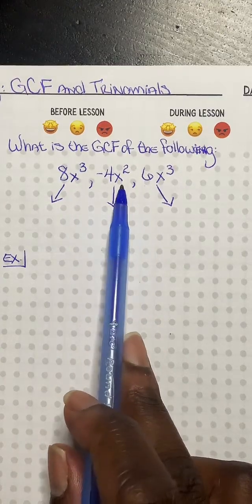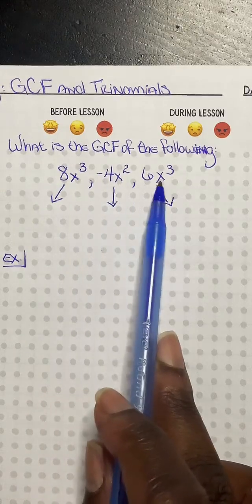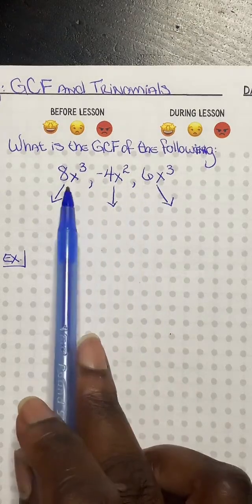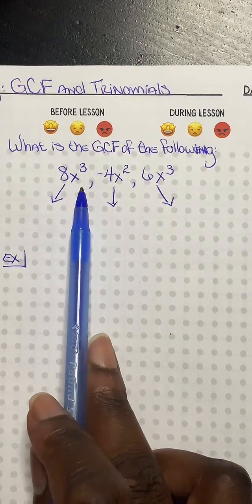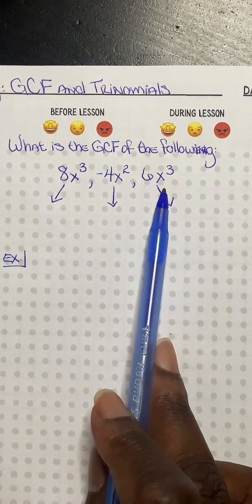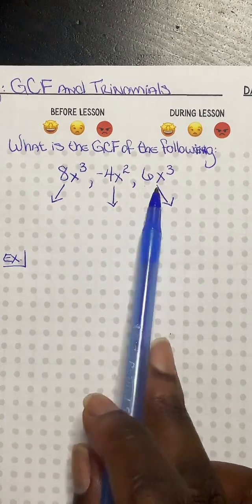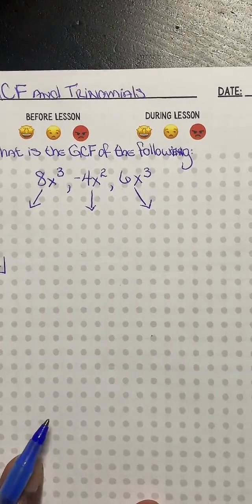They have x's. There's an x cubed here, an x squared there, and an x cubed there. If you want to think about it, x cubed is x times x times x, and x squared is x times x. So they all have at least 2 x's in common.